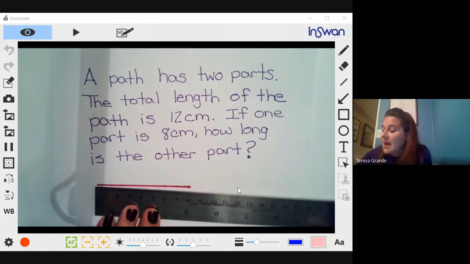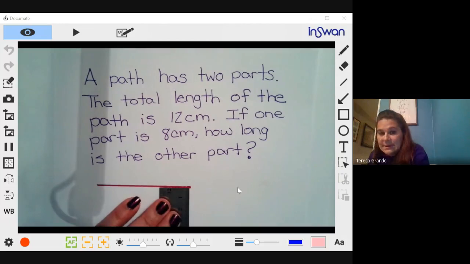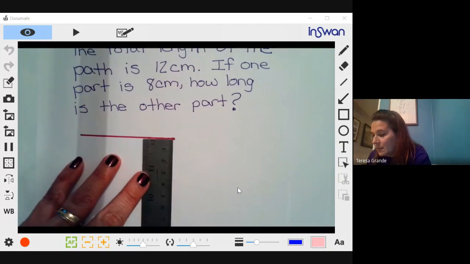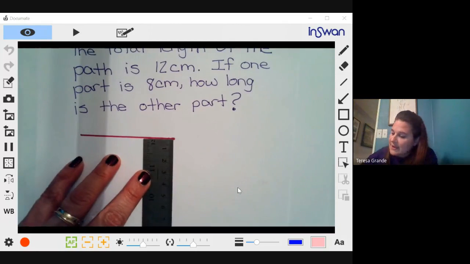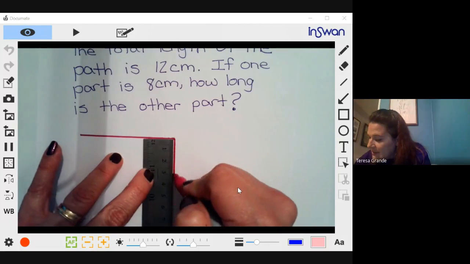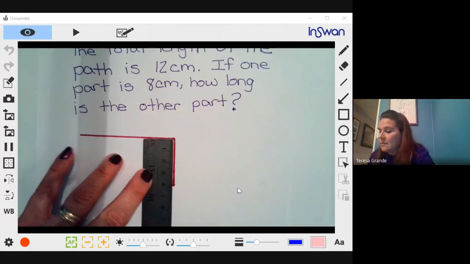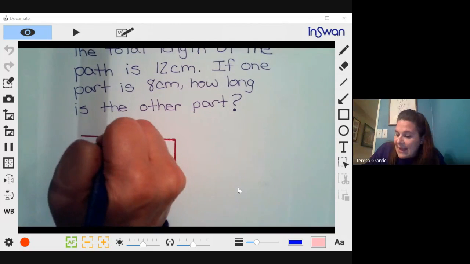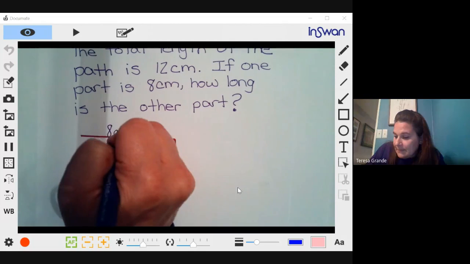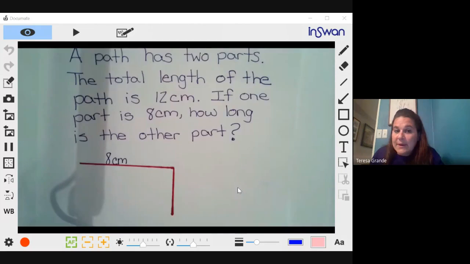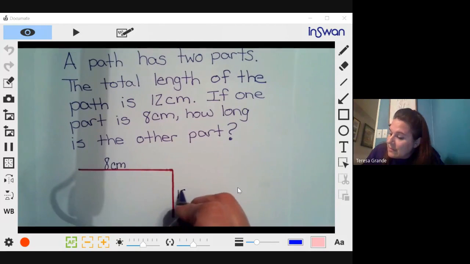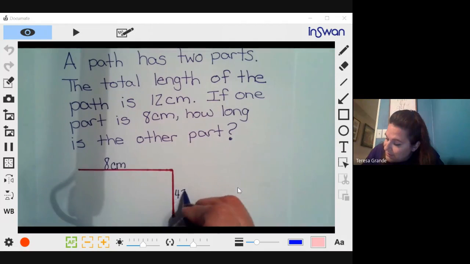So let's try to do that. Let's take our ruler again. And I'm just going to draw the line from here to here. Okay. Now I'm going to label this part as 8 centimeters. And I'm going to label the bottom part going down as 4 centimeters.